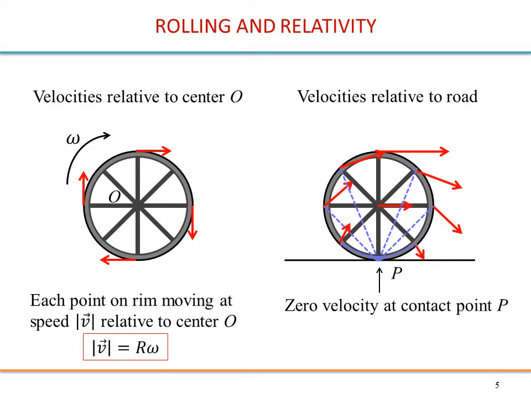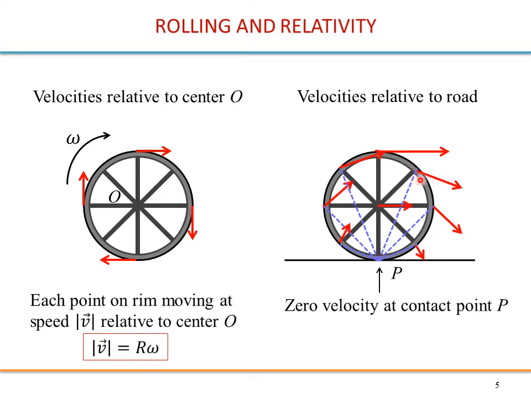So now with respect to the road, it turns out that the rolling is in fact a rotation, so the entire wheel is rotating about point P, the contact point.